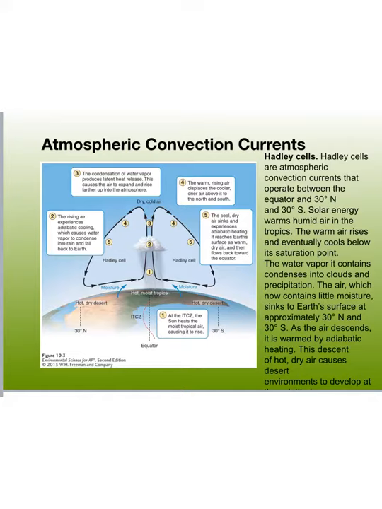The air, which now sinks to Earth, has very little moisture. Earth's surface at approximately 30 degrees north and 30 degrees south is simultaneously being warmed. And so it's this warming there that causes this descent of hot, dry, desert-like conditions, which is what we find around those latitudes on either side of the equator.